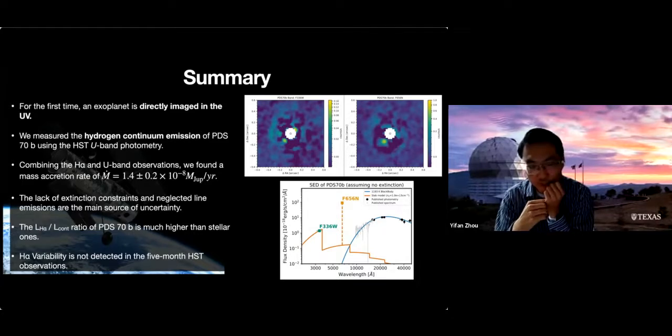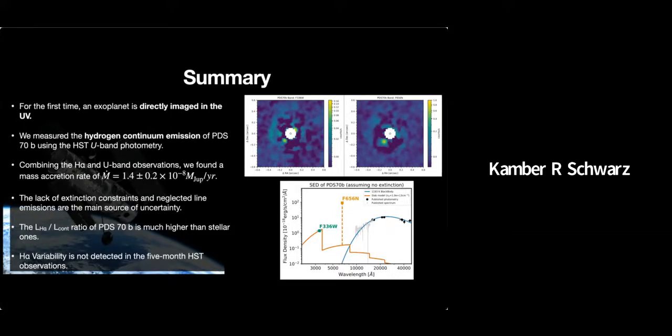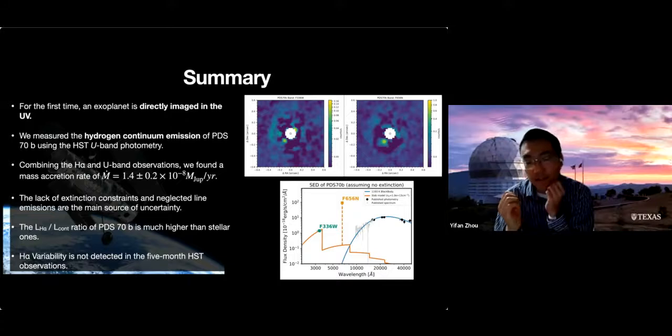So if we use this high extinction assumption to get the accretion rate for the planet, it gave us an accretion rate measurement that matches the average mass growth for the planet. That would suggest that the planet is still actively accreting.